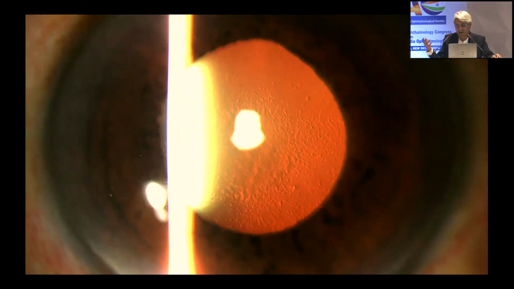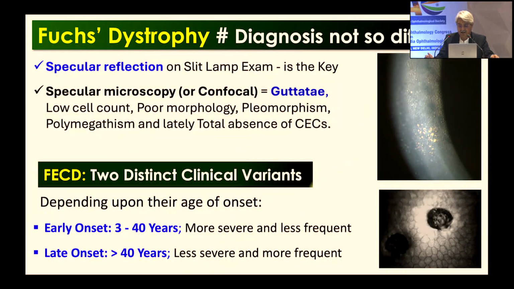But when you see this kind of picture in your slit lamp and retroillumination, the diagnosis is obvious. Specular microscopy is also important, confocal if you have: guttata, low cell count, pore morphology, pleomorphism, and polymegathism.